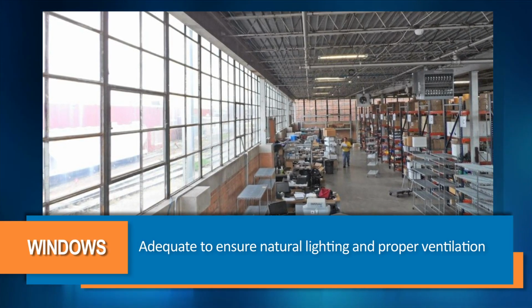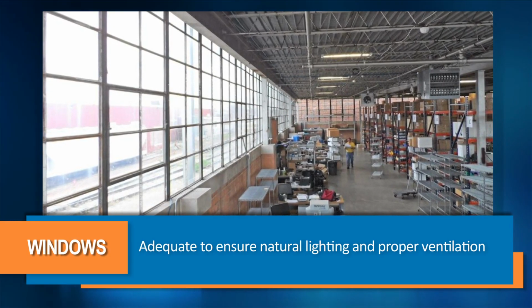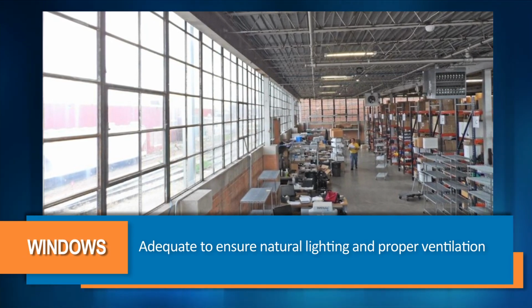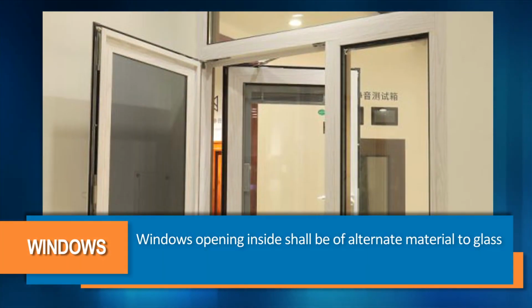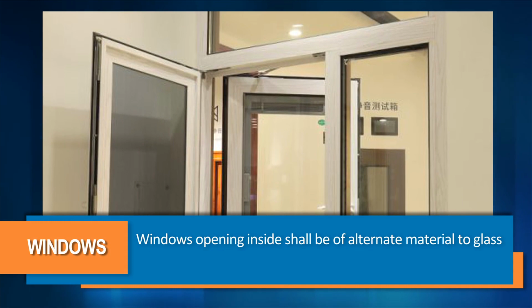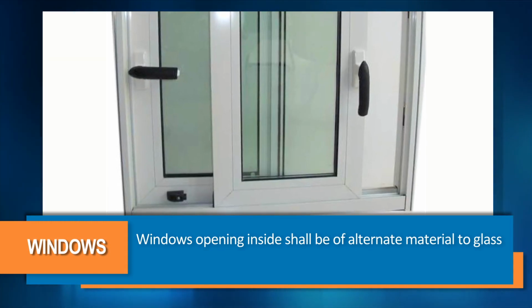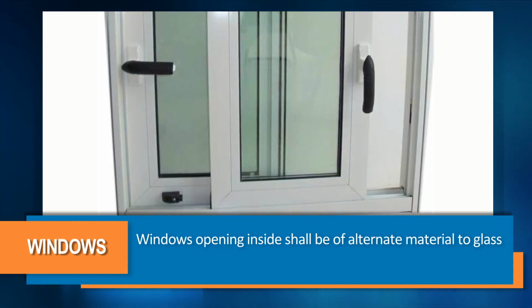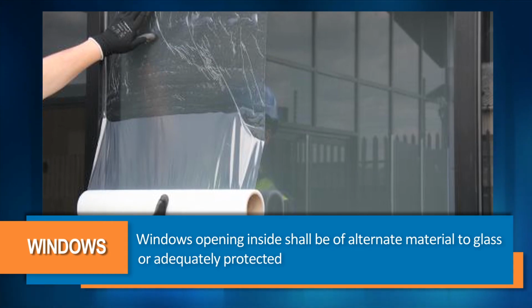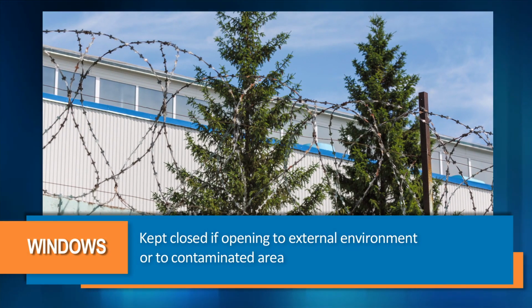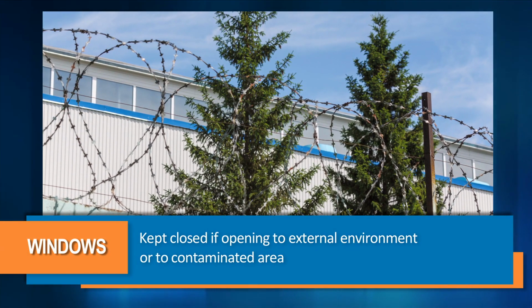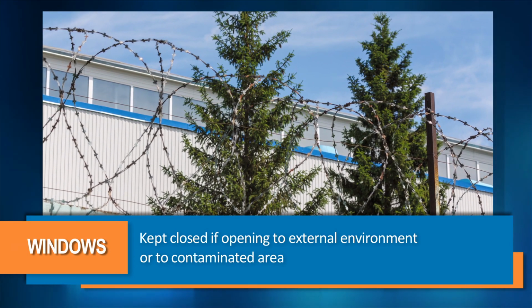Windows shall be adequately provided to ensure natural lighting and proper ventilation. If windows are opening inside the manufacturing area, then it shall be made either of alternate material to glass or adequately protected. Windows shall be kept closed if opening to external environment or to contaminated area.